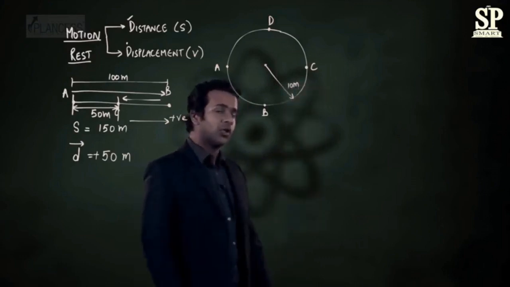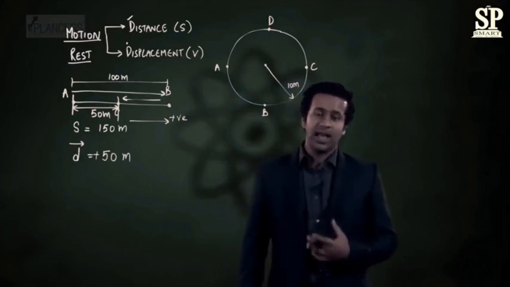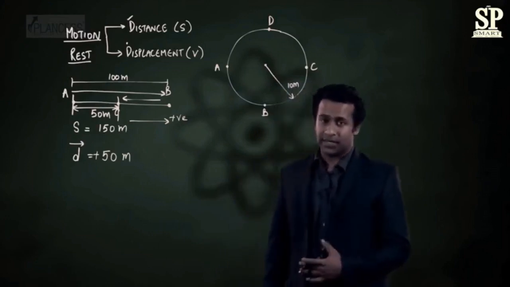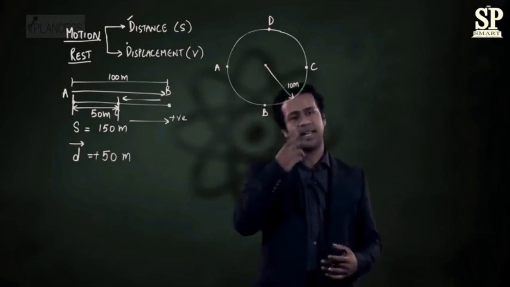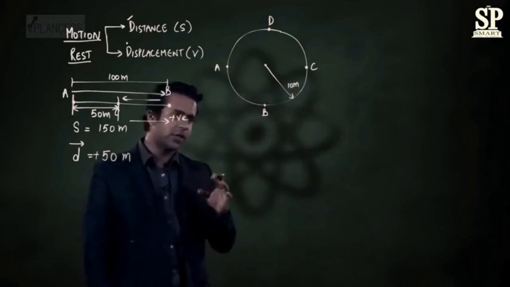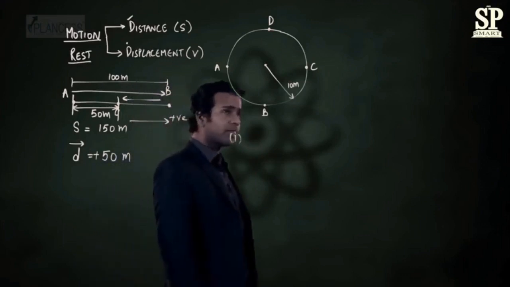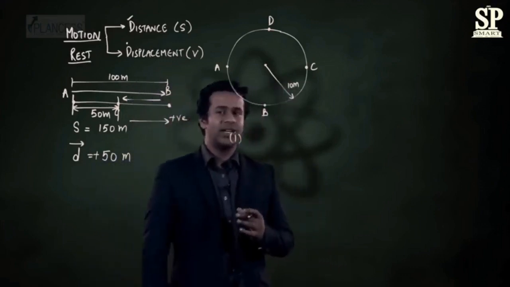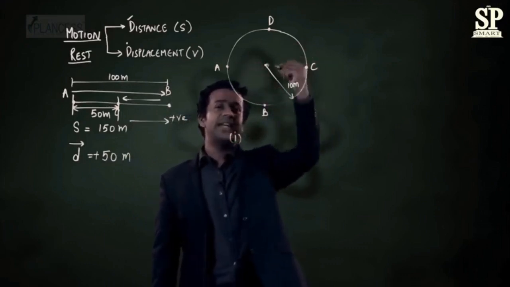So in this case, we wish to find the distance covered and the displacement of this particle as it goes from point A to point D via B and C. Right. So let's first think about the first part in this question, which is the distance covered. The distance it has covered is basically the length of sector ABCD.